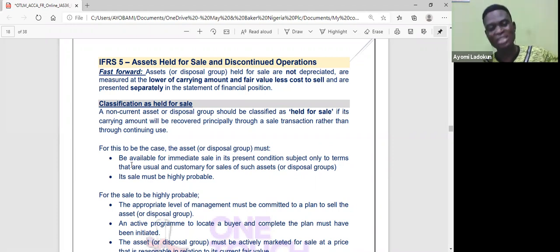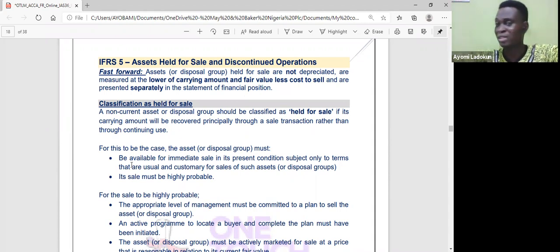Number two, the sale must be highly probable. For the sale to be highly probable, we have 5 things. Appropriate level of management must be committed to a plan to sell the asset. Who are the appropriate level of management? Those charged with governance.